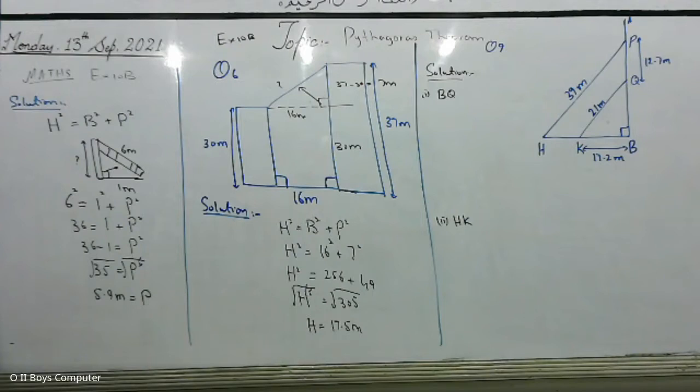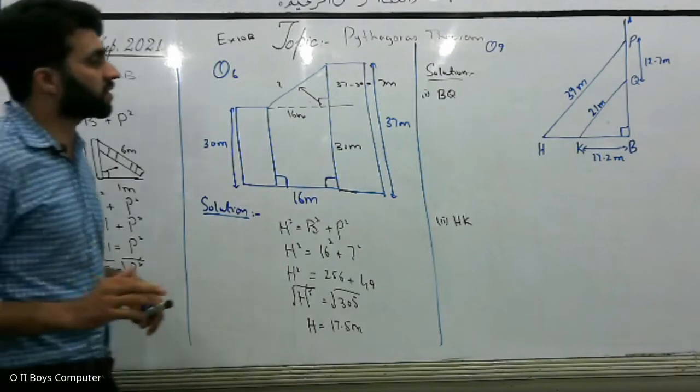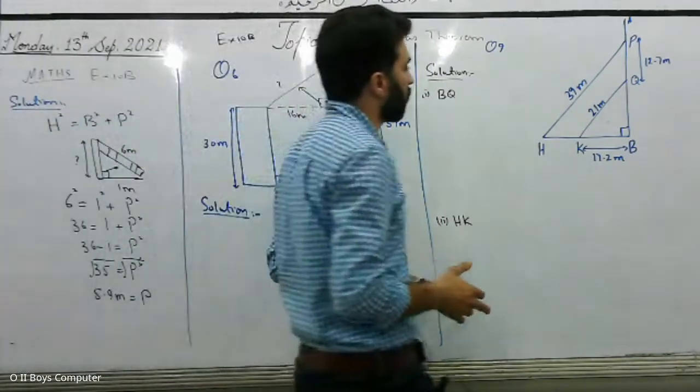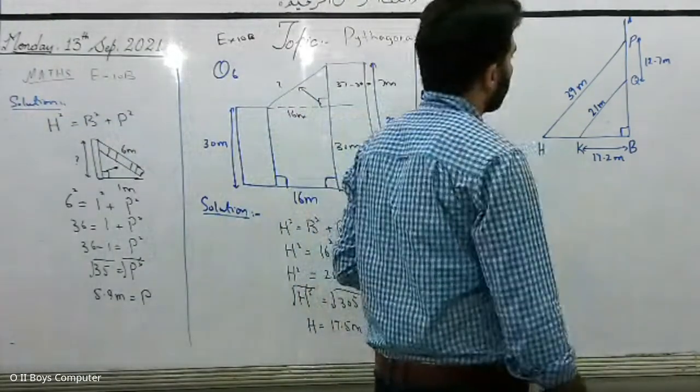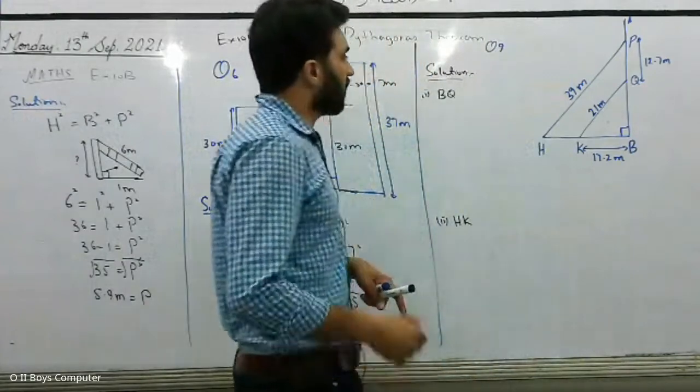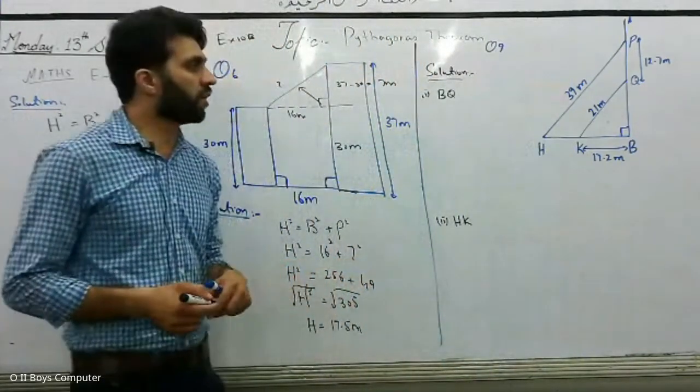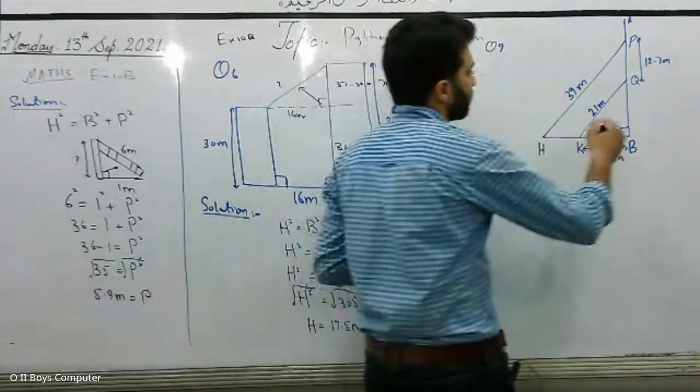Given that PQ is 12.7 meters, KB is 17.2 meters, PH is 39 meters, and QK is 21 meters. The diagram is drawn on the board in front of you and everything is labeled, but what we have to find out is BQ. What is BQ? Actually, BQ is the height.